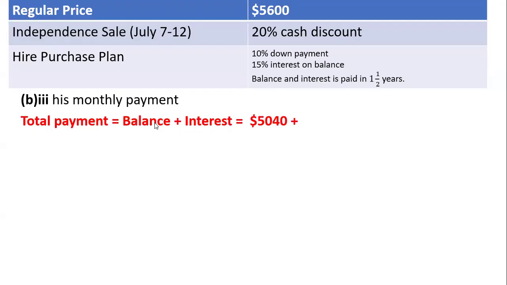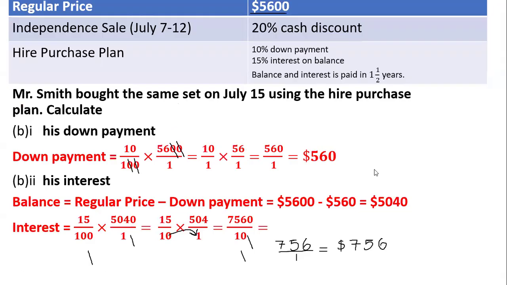So the total payment will be the balance plus the interest. We already got the balance from the previous question. You weren't here for it, but the balance was 5,040.